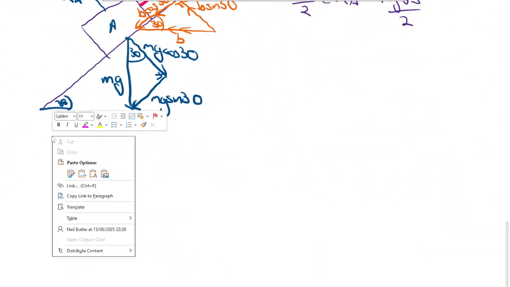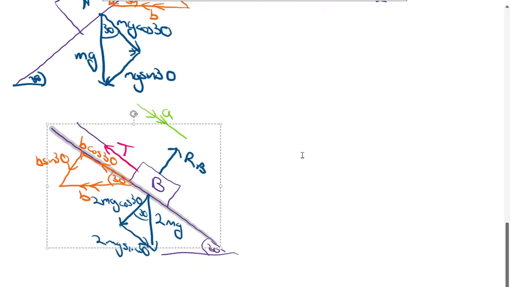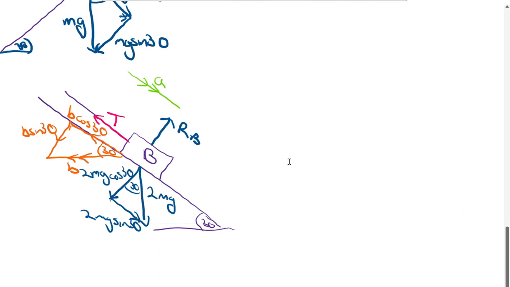Go down here and look at B again. Cool. So with B, we're going to again look at the horizontal vectors here. And again, normally this thing isn't moving up and down relative to the plane, and it isn't, but the plane itself is moving. So it is accelerating.